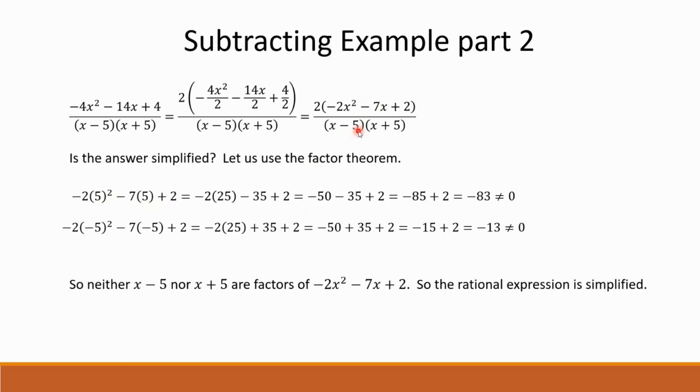Again, I want to know, is x minus 5 a factor of the numerator? I'm replacing x by 5 to determine that. We're doing the calculation, and we get negative 83, which is not 0. So x minus 5 is not a factor of the numerator.